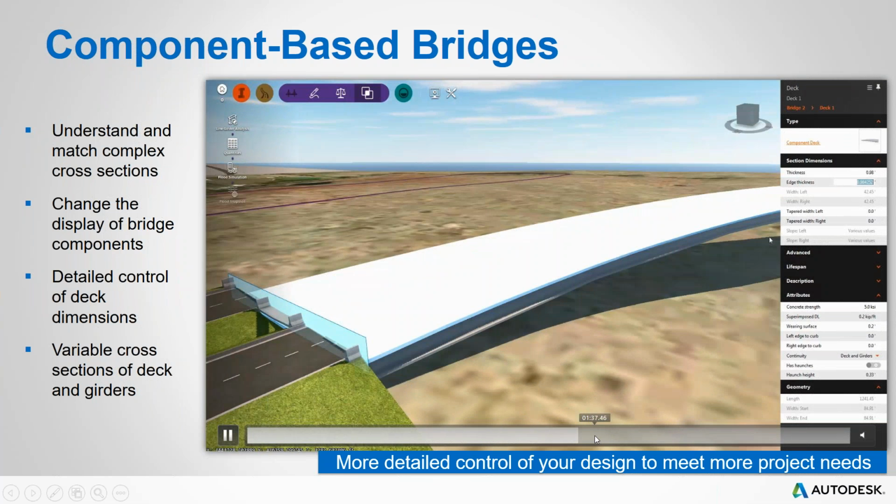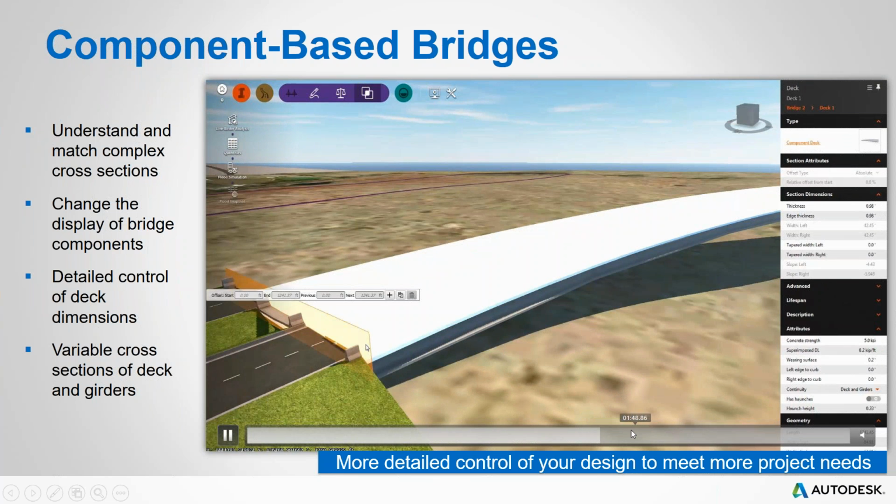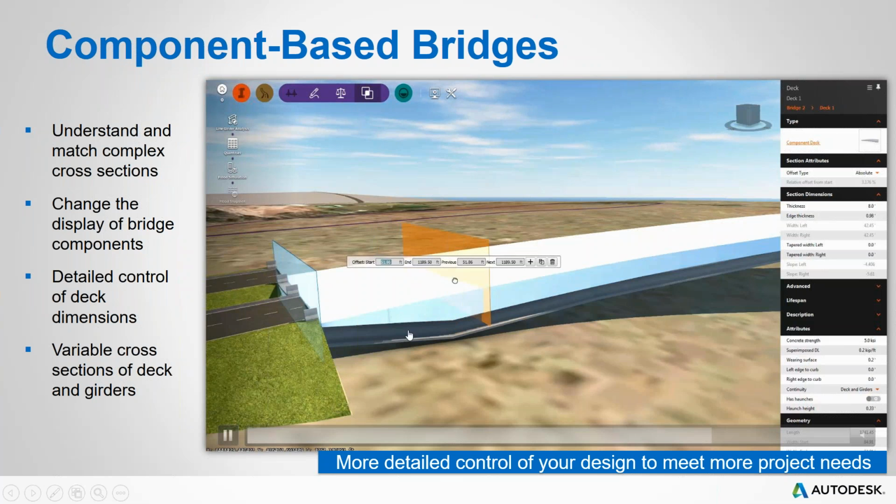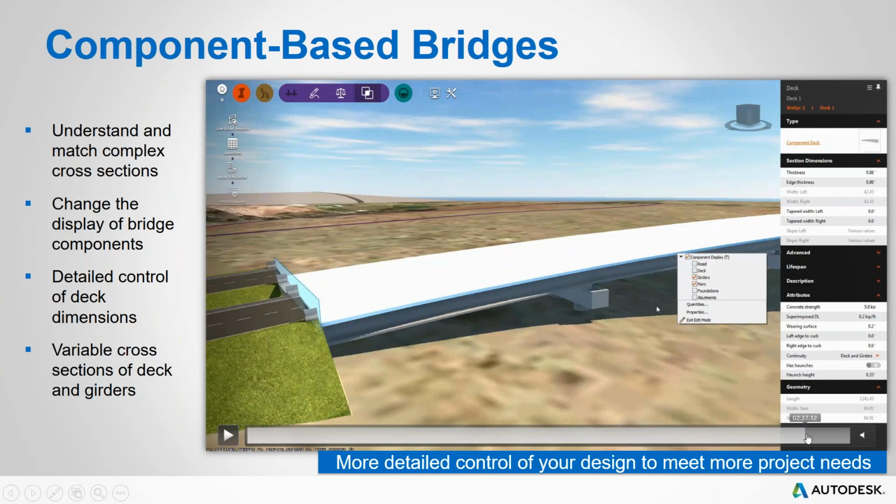Also, you can change the cross-section of the bridge girders from one station to the other. By clicking on the plus icon, we create a station or a zone, and then we're able to influence how these girders look in terms of size, depth, thickness, etc.